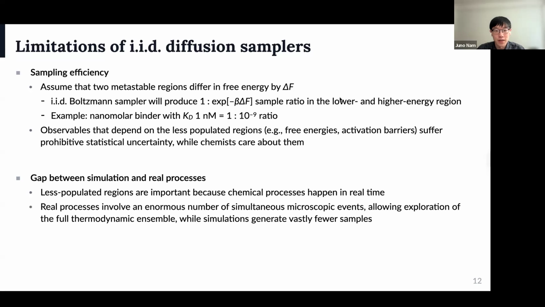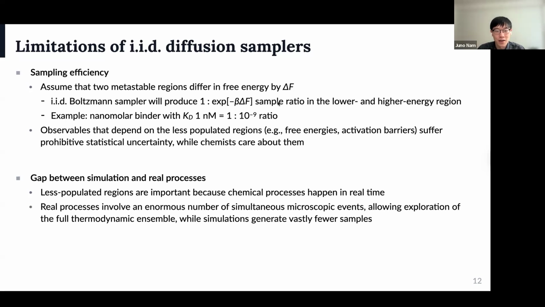When we think of a practical example, such as a protein-ligand system that has a nanomolar binding affinity, which corresponds to a ratio of 10 to the ninth, it's pretty extreme. So the observables that depend on getting samples from less populated regions could suffer from prohibitive statistical uncertainty.